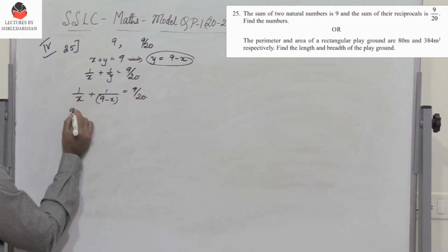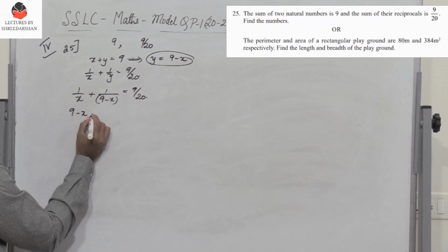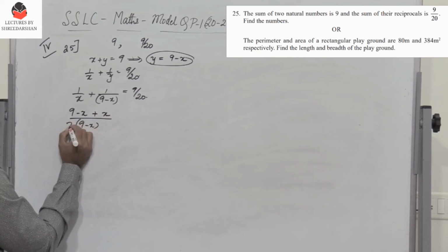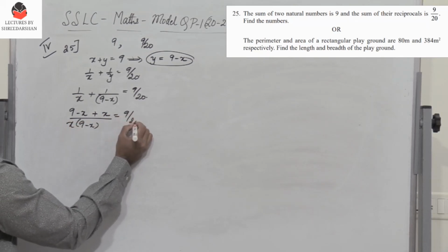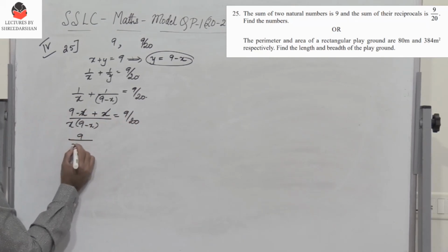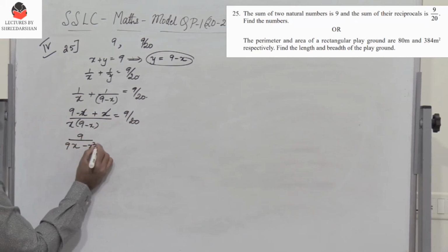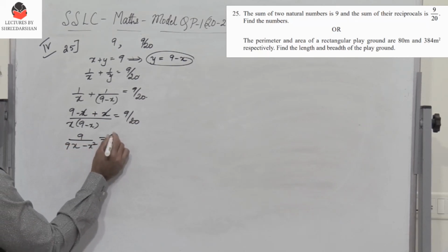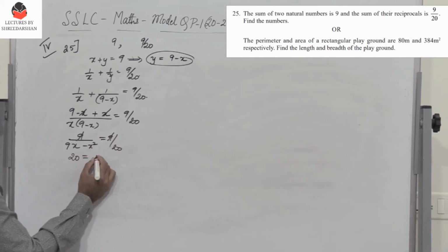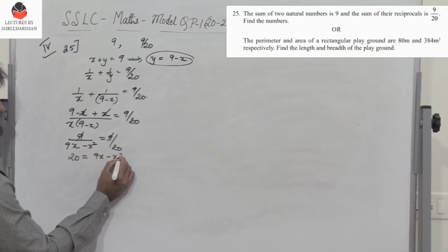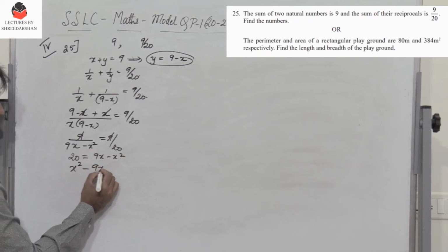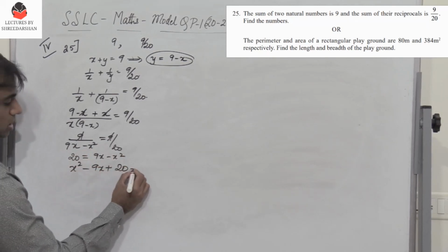Now if I take the LCM, I get 9 minus x plus x divided by (9 minus x) into x equals 9 by 20. So x gets cancelled, so I am left with 9 divided by 9x minus x square equals 9 by 20. 9 and 9 can cancel, so I have 20 equals 9x minus x square, or if I bring all of them to LHS, I have x square minus 9x plus 20 equal to 0.